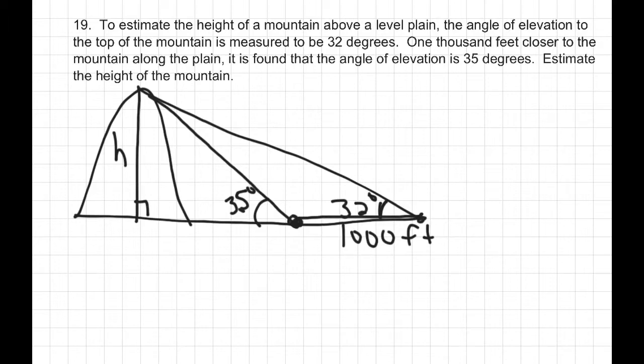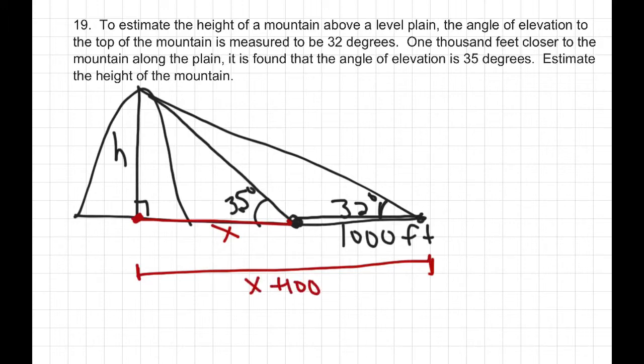So there are two triangles here, and one of the things I don't know is how far it is from the mountain to this first point. We'll call it x. So from the mountain to this point here, where I took another angle of elevation, must be x plus 1,000. So we're going to set up two trig functions in order to find the height of the mountain.